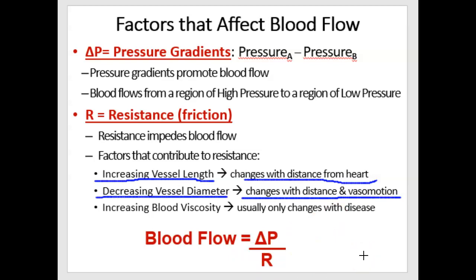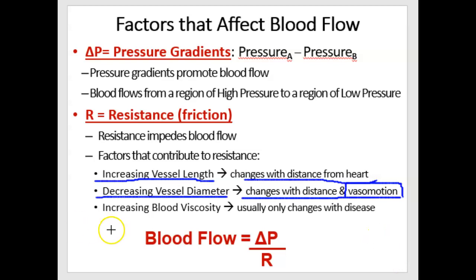If you think of the aorta, at least in the arterial system, the aorta has a very large diameter, and it gives off smaller branches, so this diameter is going to decrease with distance from the heart. Another factor that can change vessel diameter is vasomotion, and that refers to vasoconstriction, narrowing the vessel diameter, or vasodilation, which increases the vessel diameter.